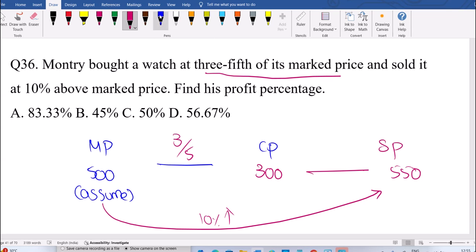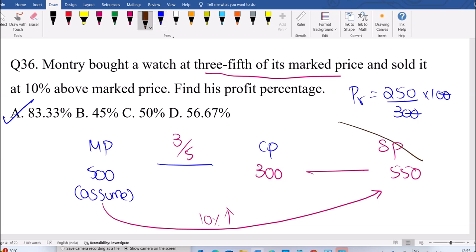So profit percentage is 250 out of 300. Option, yeah, 83 1 by 3 percentage.